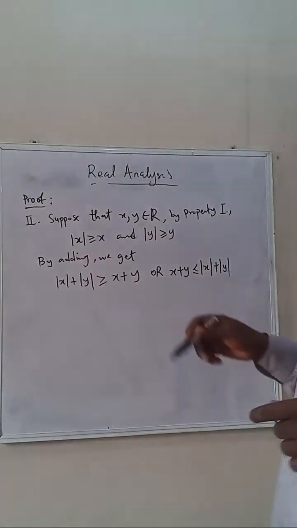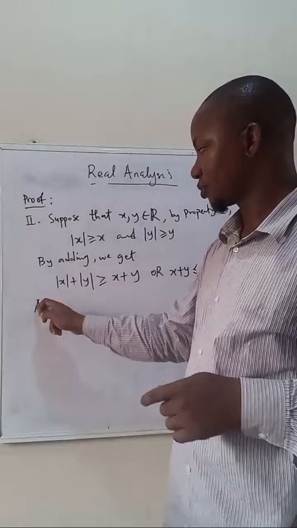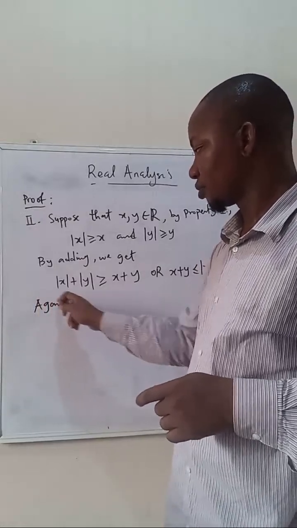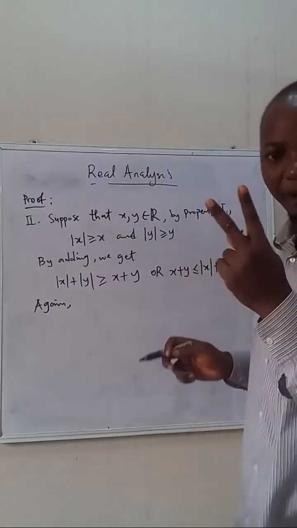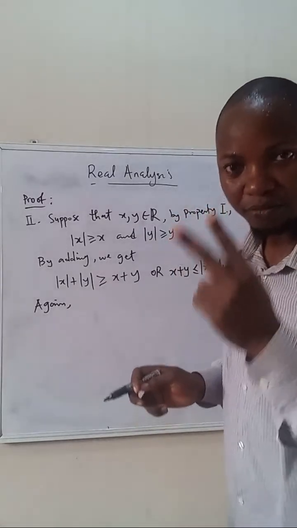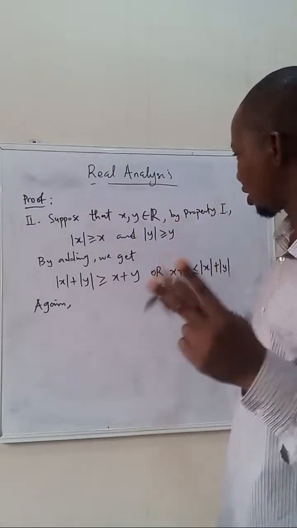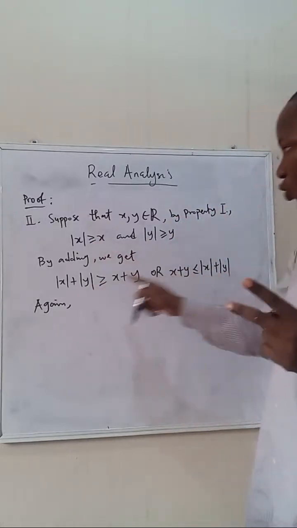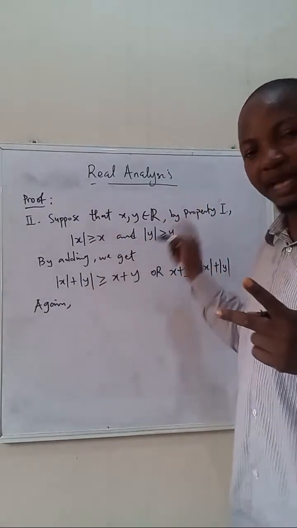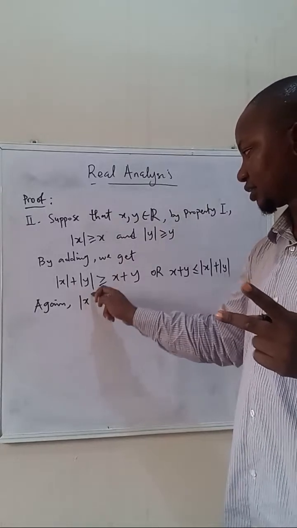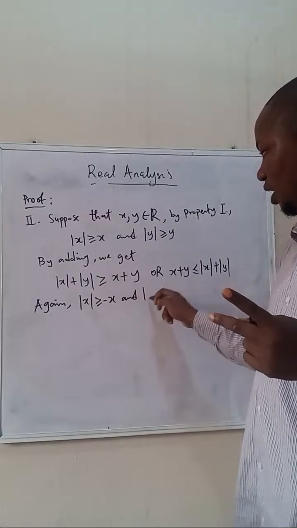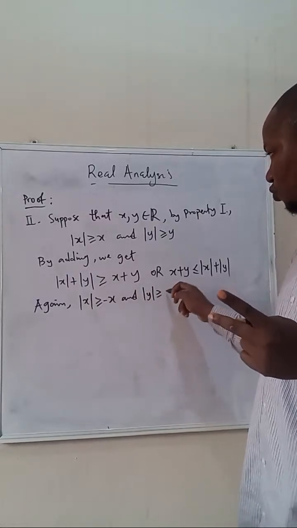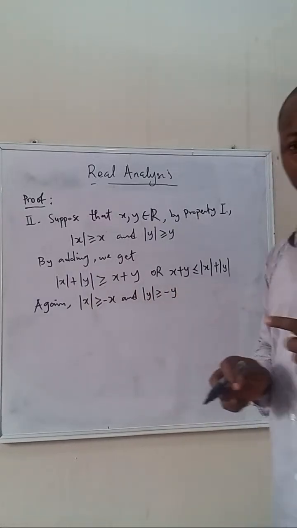Okay? Again, property I talks about two things. Okay, we have used one of them here. So again, from that property I, this is greater than or equal to minus x, and it is also greater than or equal to minus y.